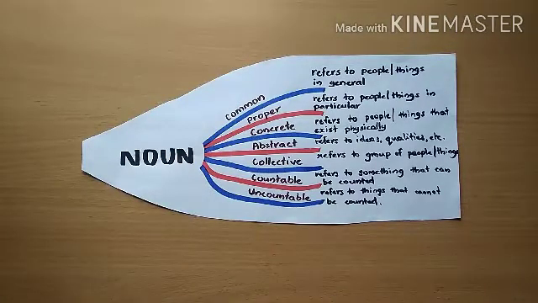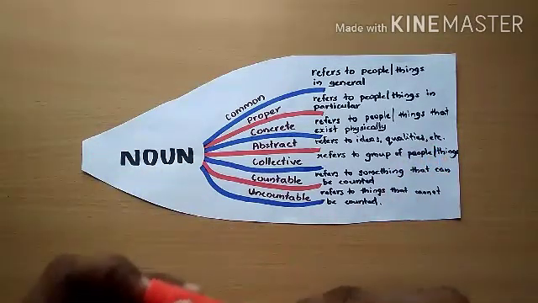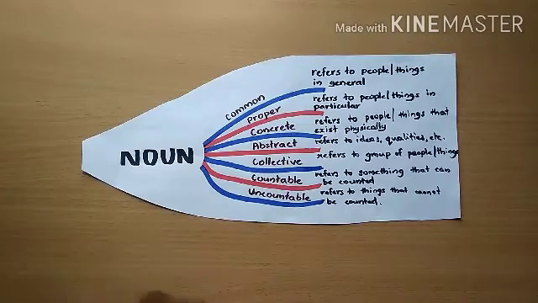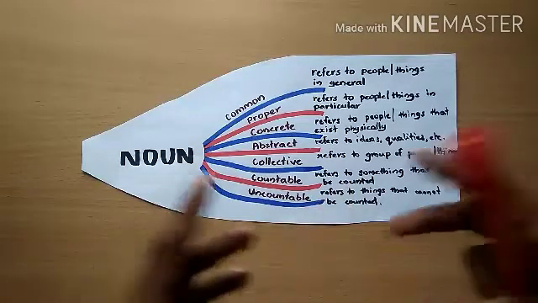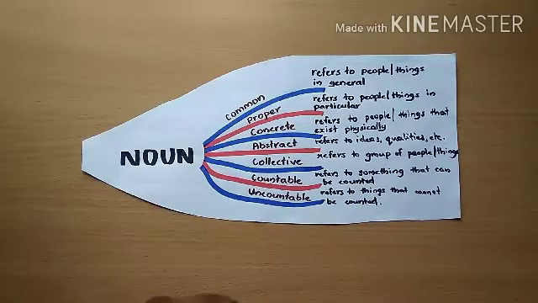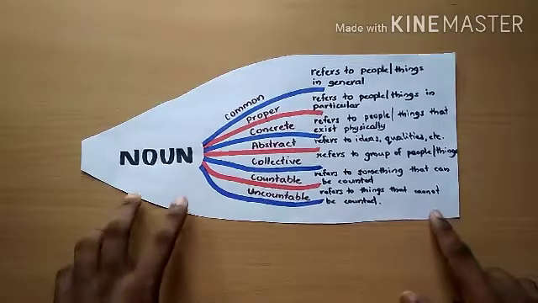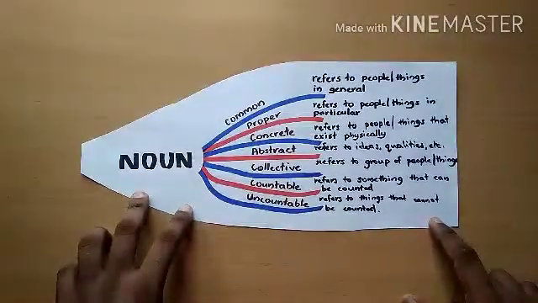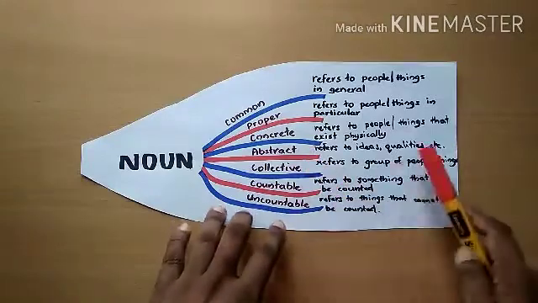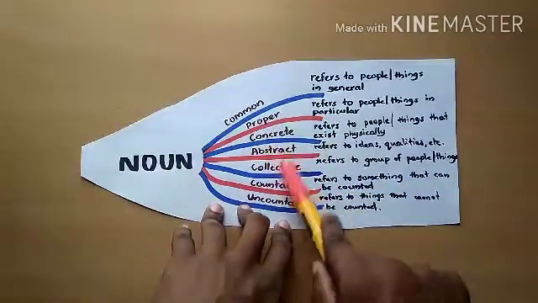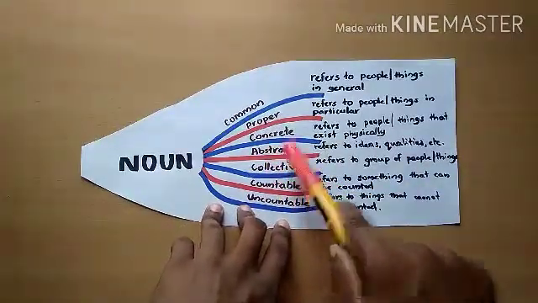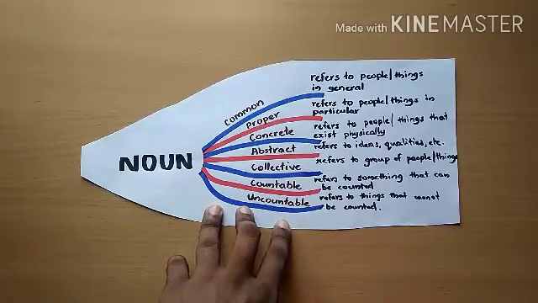Just like our qualities like love, patience. We are not able to see patience or love, but we know that there is something called love existing in the world. So those things come under abstract nouns.